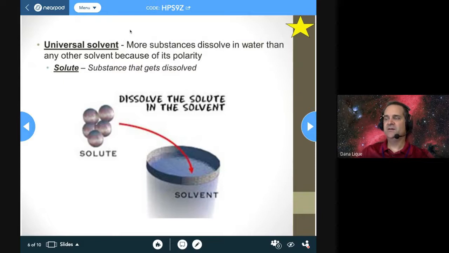Water is what we call a universal solvent. That just means it's really good at dissolving a lot of things. So the solvent would be the water, and then a solute is what's getting dissolved in the water. If we're talking about dissolving sugar in water, sugar would be the solute, water would be the solvent.